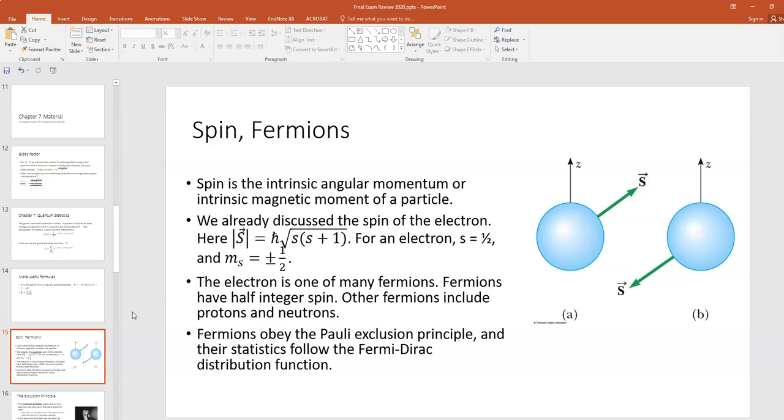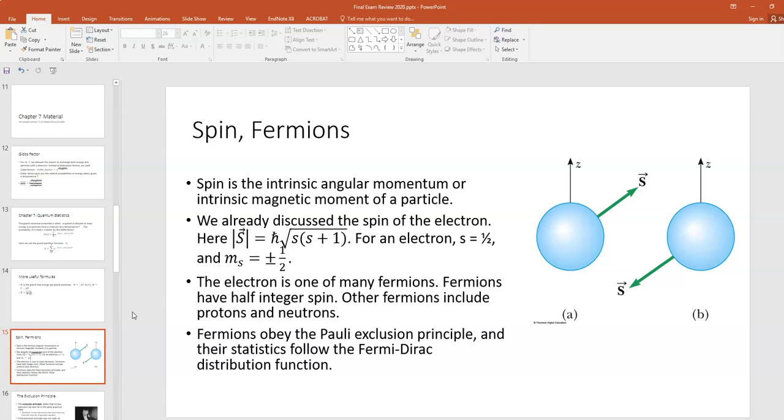The magnitude of this angular momentum spin, which is usually symbolized with an S, is h bar, Planck's constant over 2 pi, times the square root of s times s plus 1. Capital S is used to symbolize the total spin angular momentum. Lowercase s is the quantum number associated with that angular momentum.